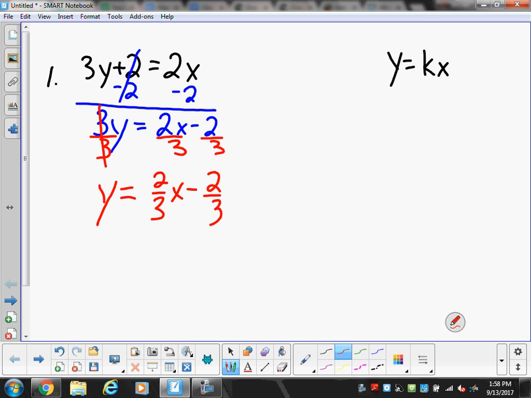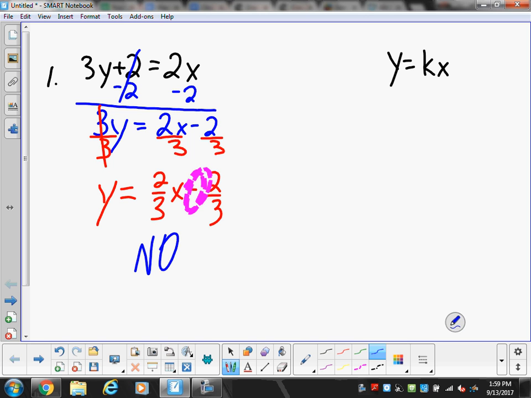So, that's the equation. Is it a direct variation? No. Why not? That little minus sign right there is telling me that it's not a direct variation. If that minus 2/3 wasn't there and it was just the first part, y equals 2/3 x, that would be a direct variation.